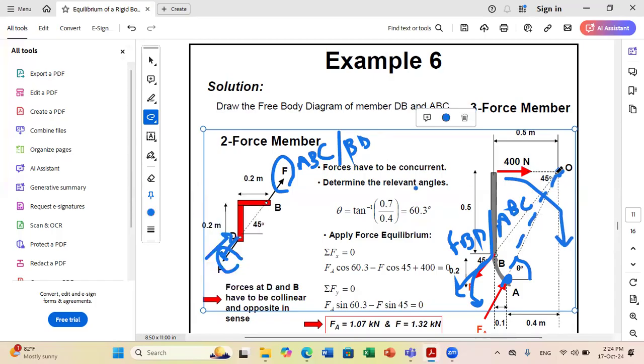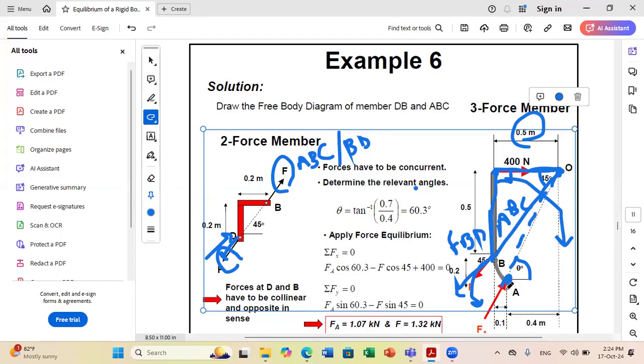So we know that this line is passing by O. This is 45 degrees, and this is 90 degrees. So this is an isosceles triangle. And that's why the distance from this point to B, which is 0.5, is equal to this one. So now we determined that the distance to O here is 0.5 meters.